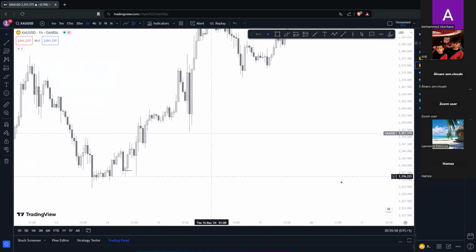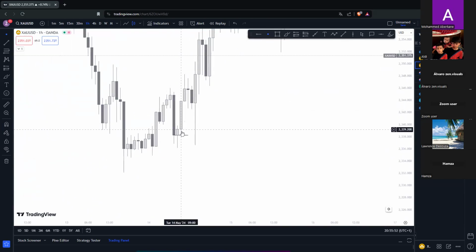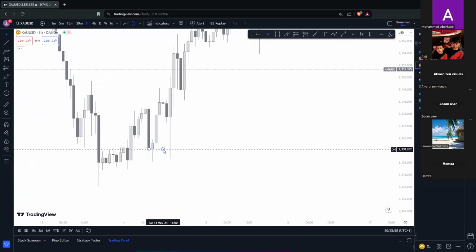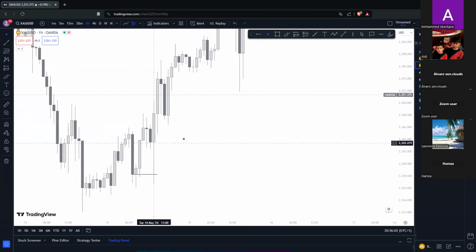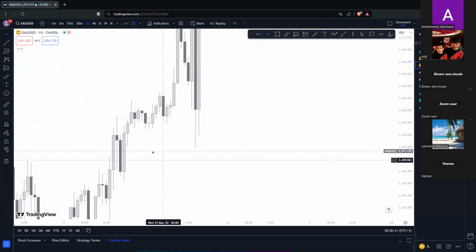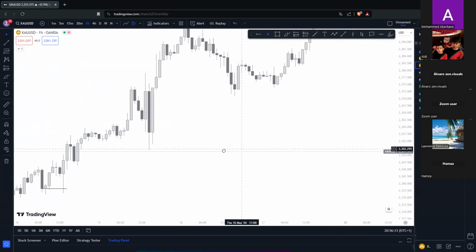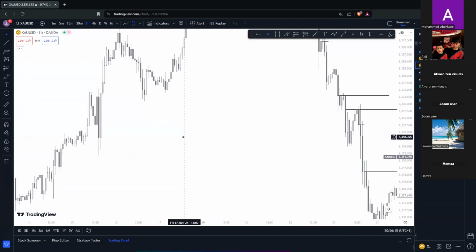So if this V level is for the buys, you would want a rejection and a body closure with a buy, right? So when price pulls back, it can give you a confirmation for your entry right here. Okay, that's the CC. For the DC, it's against the CC, right? You would want a rejection against the direction of that level. So if the level is basically for buys, you would want a bearish rejection.